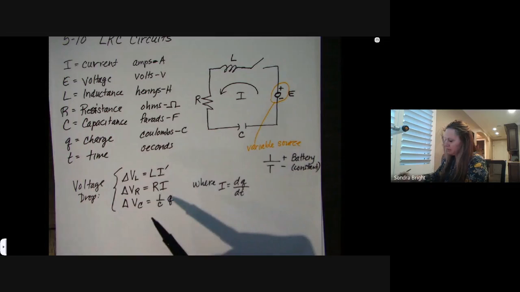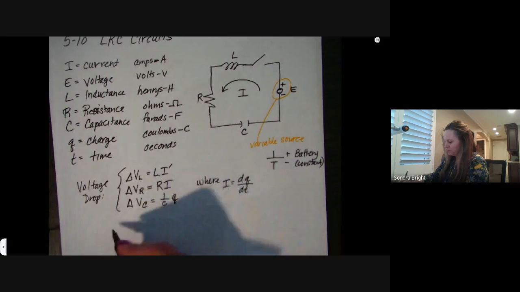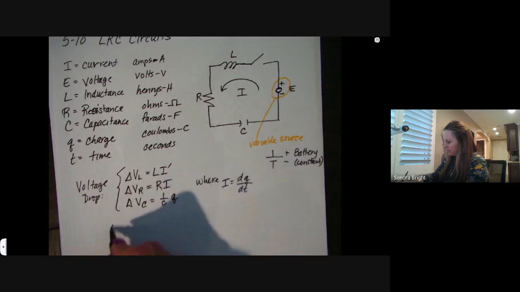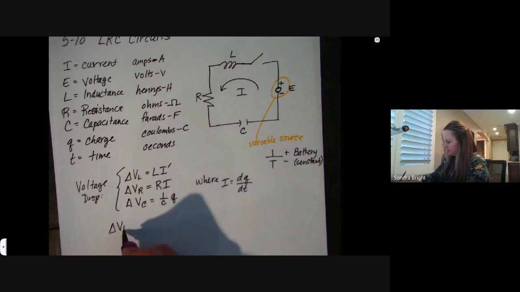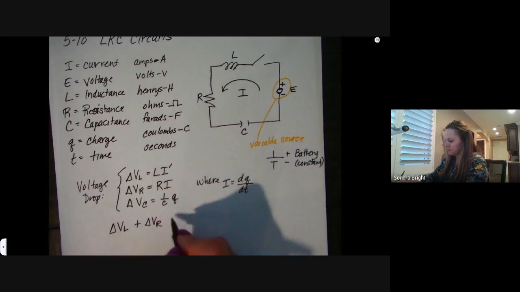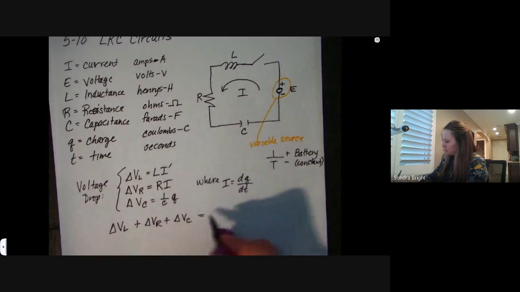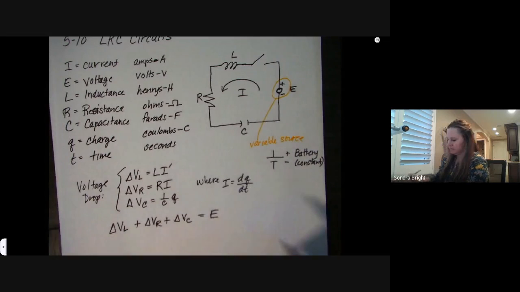So by Kirchhoff's law, we've got delta V with respect to L plus delta V with respect to R plus delta V with respect to C. The sum of these voltage drops must be equal to the applied voltage, which was E of t.